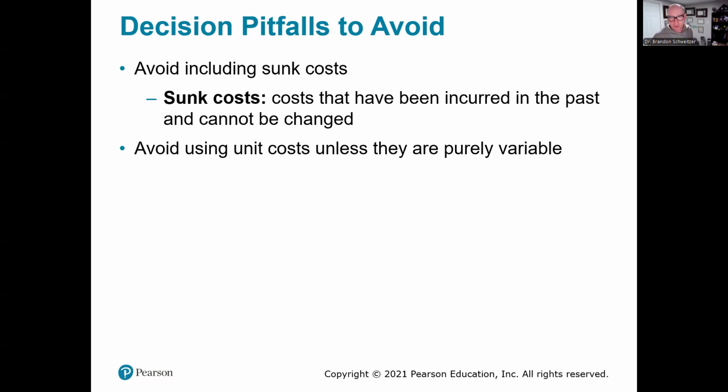It already happened. It's irrelevant, right? I can't change that. I already spent that money. It's a sunk cost. So we can avoid using unit costs unless they're purely variable costs. So these are things to try to avoid.